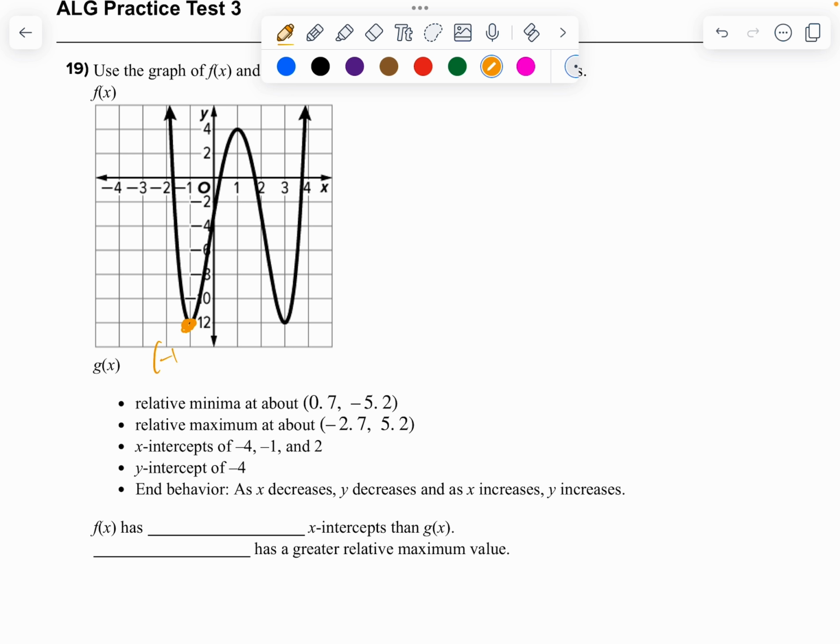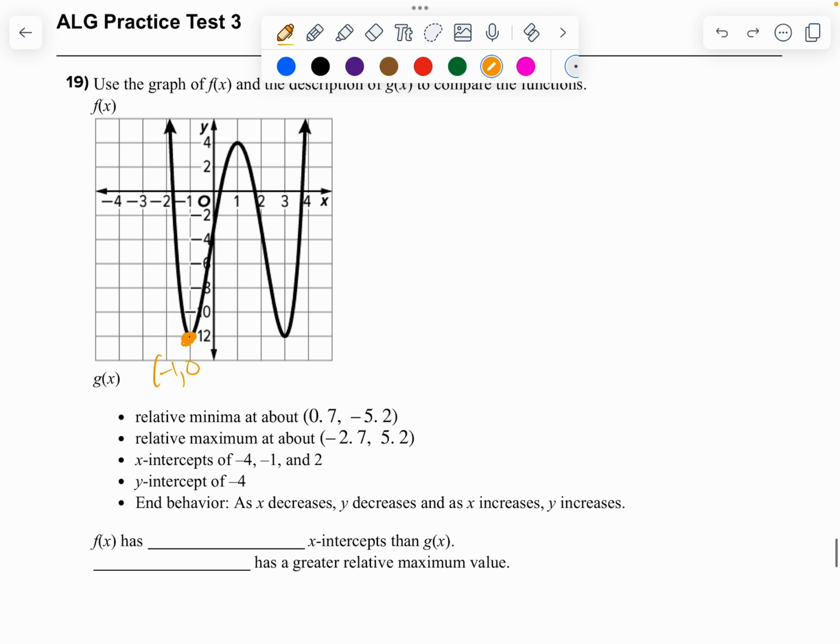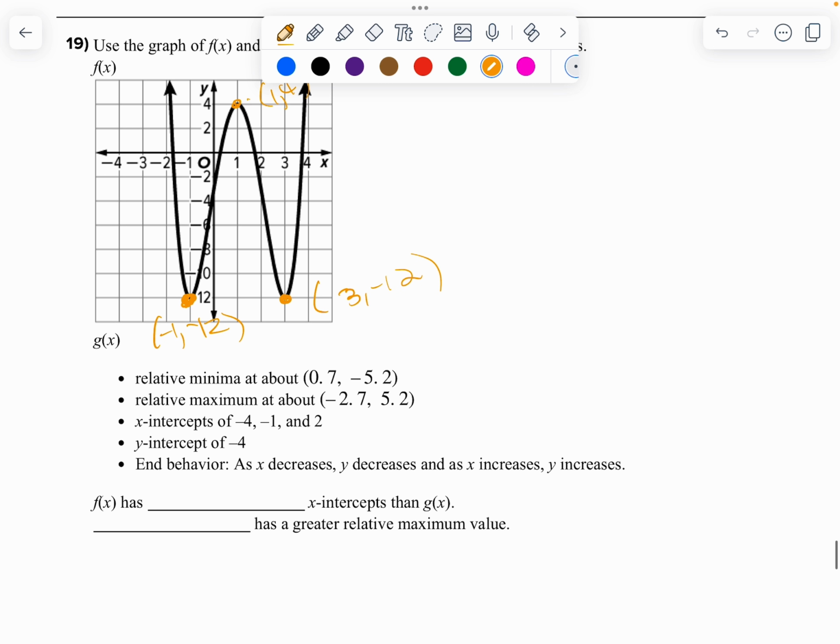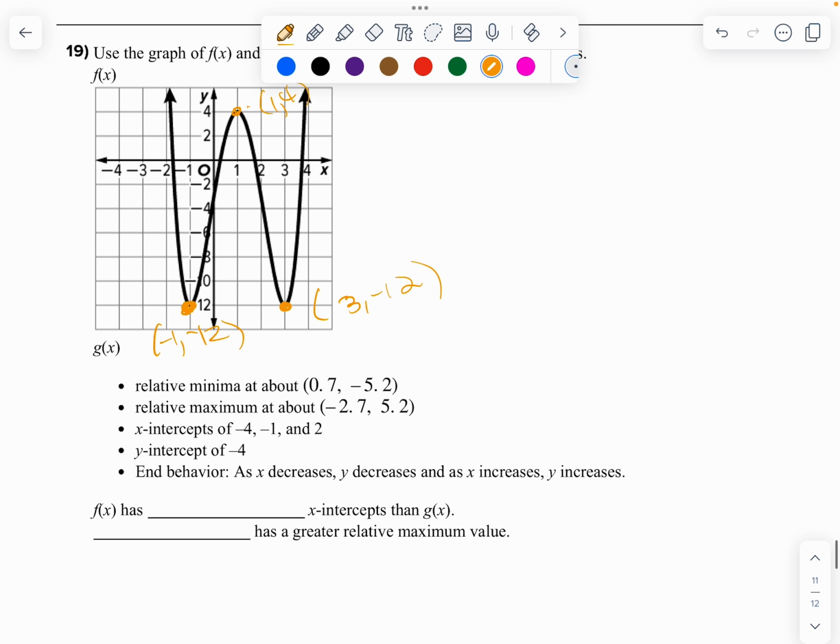That's at negative 1. Why did I put 0? Negative 12. Then up here I have 1, 4. Here I have 3, negative 12.